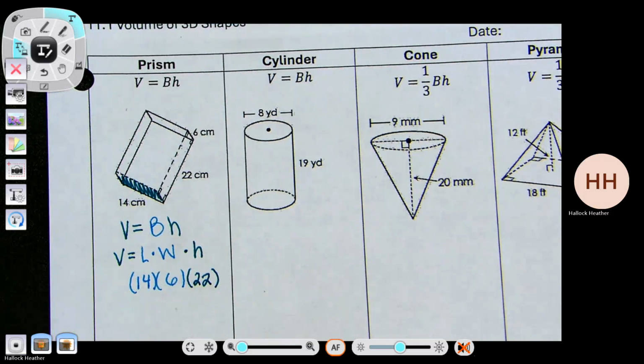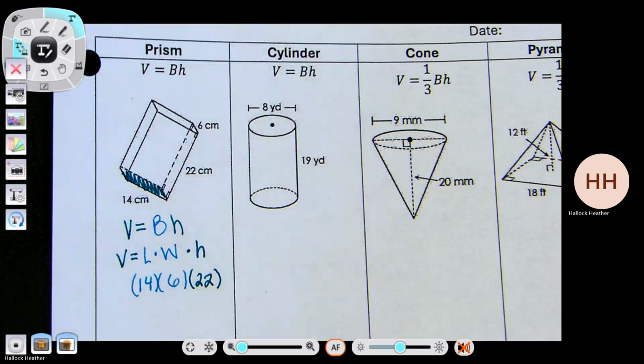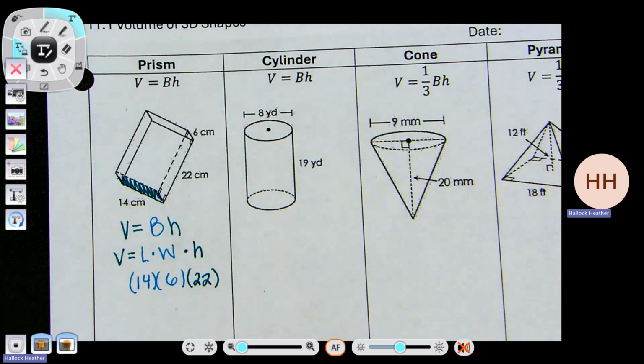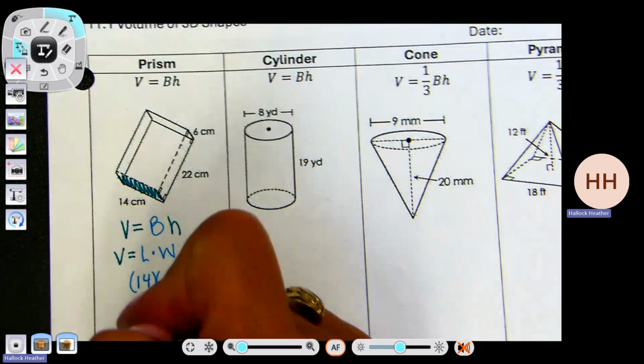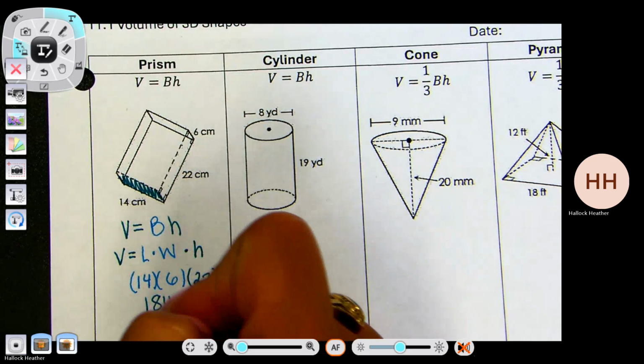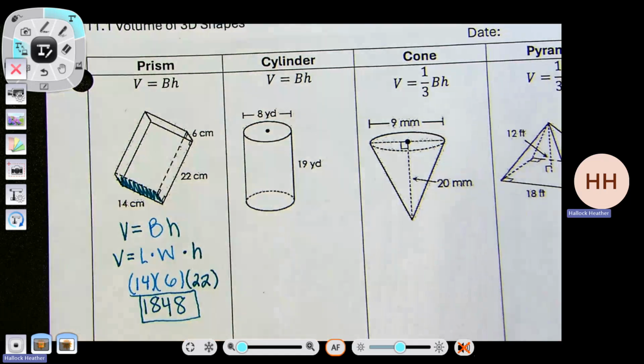Easy. 1,848. Voila. Okay. That's the answer.